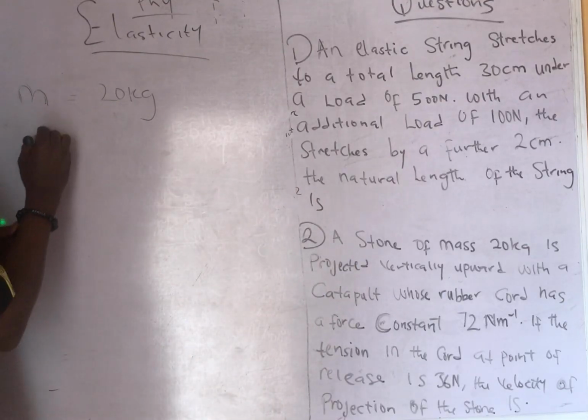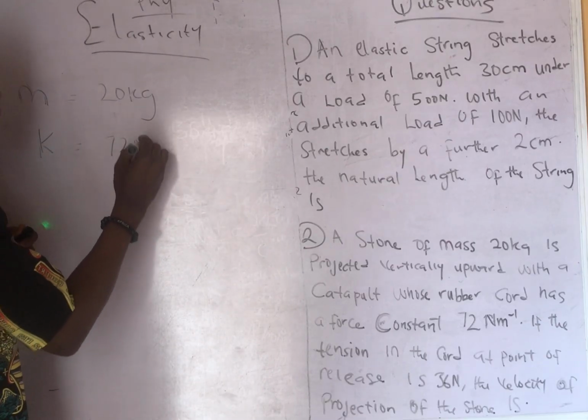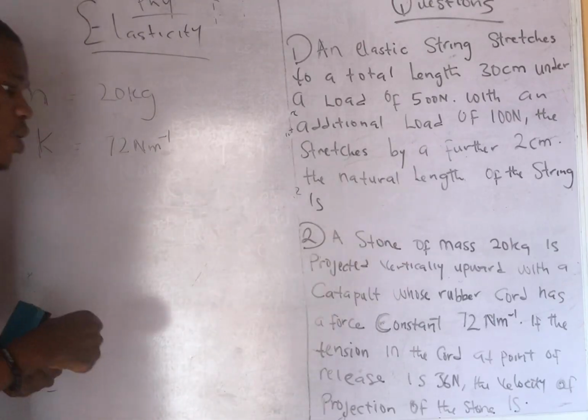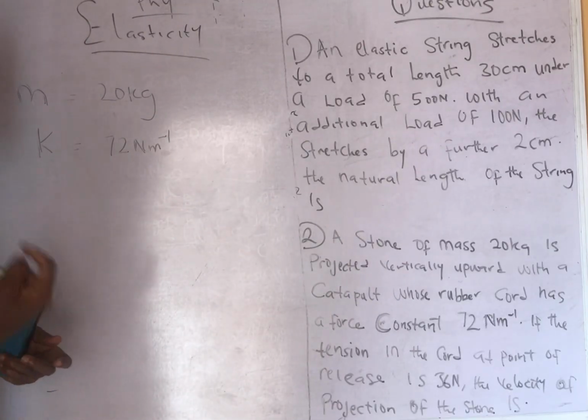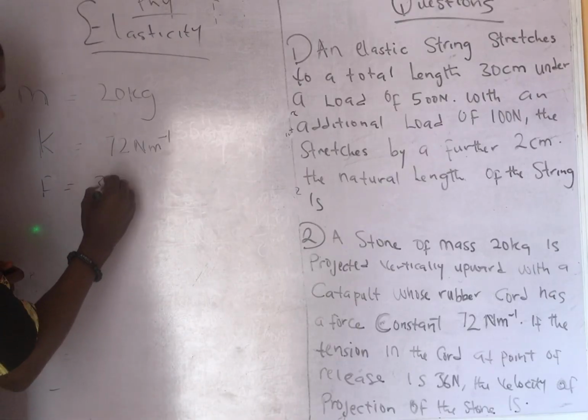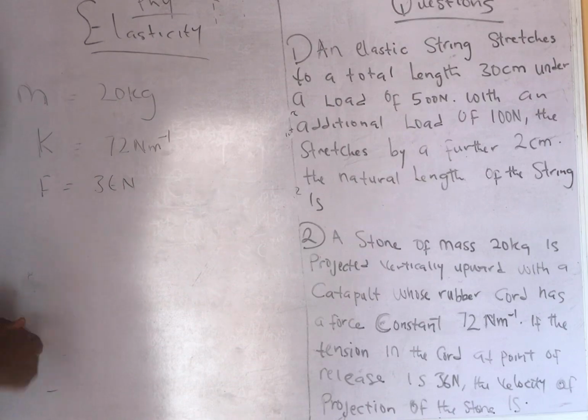The force constant of the rubber cord is equal to 72 Newton per meter. If the tension in the cord at the point of release is 36, so our force is equal to 36 Newton.